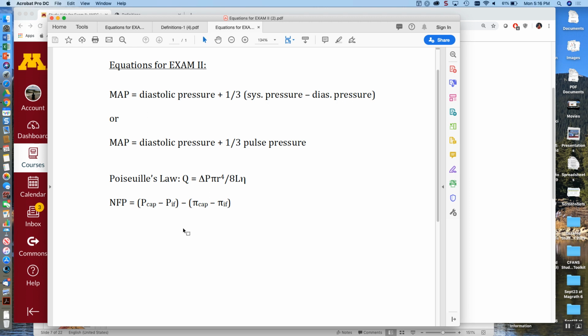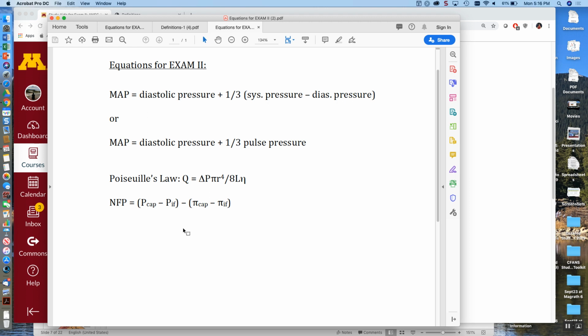Let's just say you have about 140 mils within the ventricle, and ejection fraction is 55%, then you would multiply 140 times 0.55, right? And that'll give you the stroke volume. So if you know stroke volume and you know heart rate, you can calculate cardiac output.